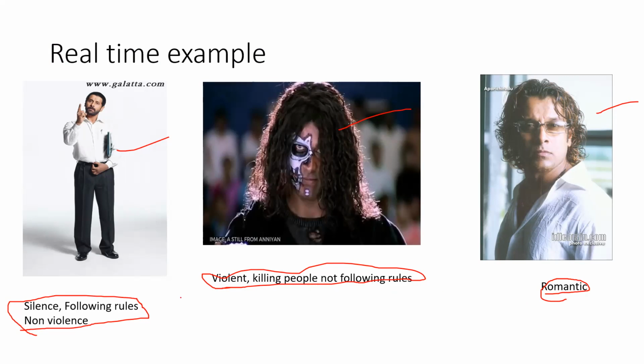In runtime polymorphism, the characterization of Ramanujam is replaced with the characterization of Aparichitudu, and this is termed runtime polymorphism.